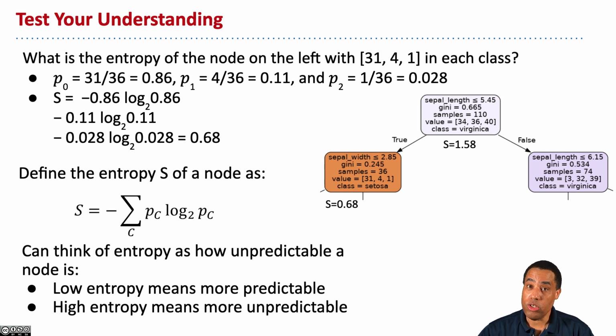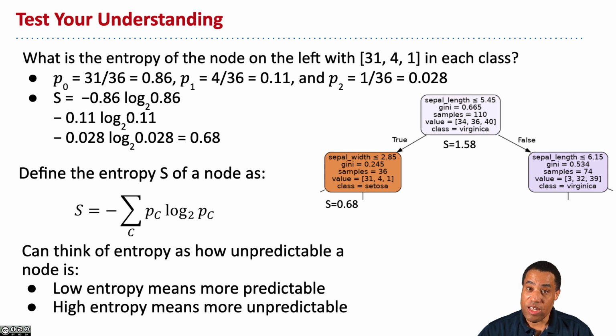What about P sub 2? It's going to be just 1 out of 36, or 0.028. Okay, so now our entropy, S, is going to be each of those P sub C's times the log of the P sub C value. We end up with a node entropy of 0.68.